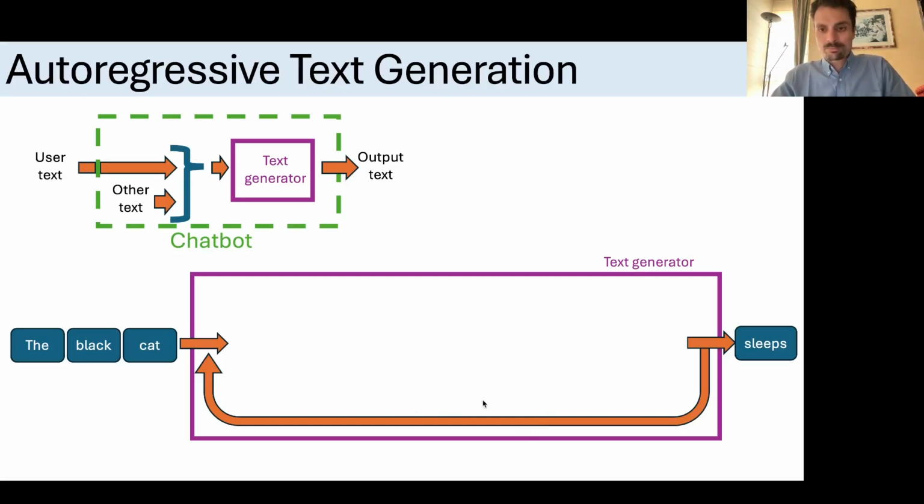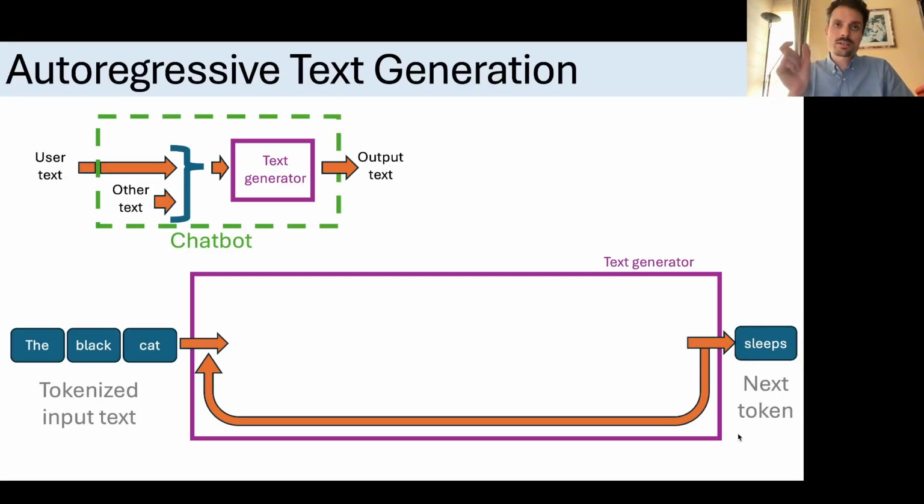It is important to say here that in practice, these kinds of algorithms don't work directly with words. They work with tokens. Tokens are subword units, so sequences of one or more characters.